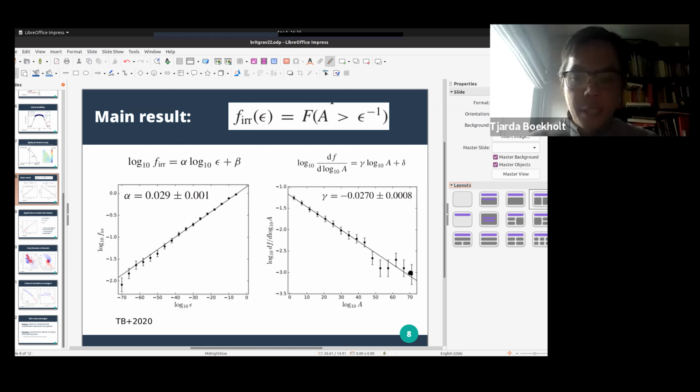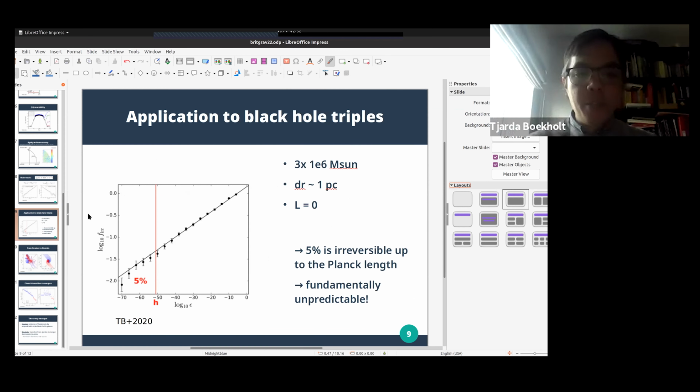And so this shows that in my population, there are very, very chaotic triple systems, which basically live for a long time. And within their long duration, they keep exponentially magnifying these small perturbations to very large sizes. So if we now apply this result to, let's say, 3 supermassive black holes, we have 3 times 1 million solar mass black holes with a mutual separation of about 1 parsec, 0 angular momentum.